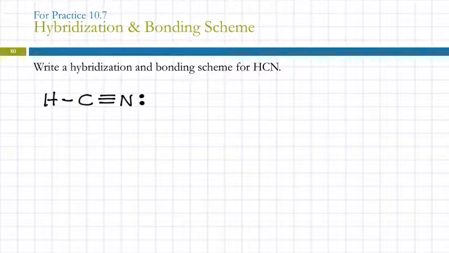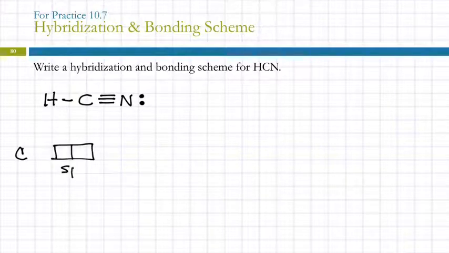So for that carbon, we're going to have sp hybridization, and then we also have 2 unhybridized p orbitals. Okay with that? So that's the hybrid.